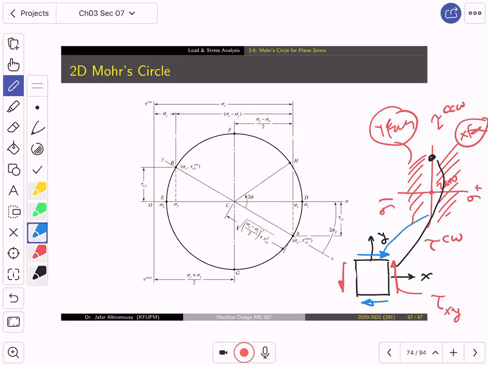Why? Because it's clockwise. Now I know what you are thinking: how can I know which is the X face, which one is the Y face? So we're going to talk about this in an example in a very simple way.